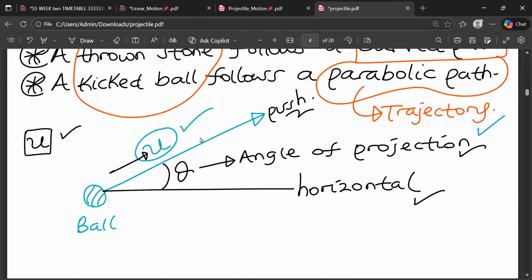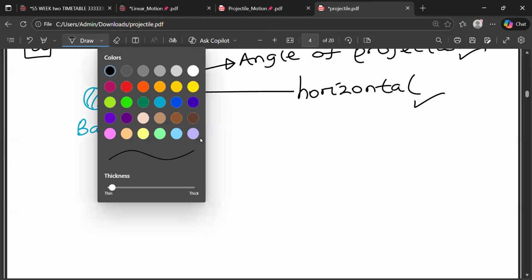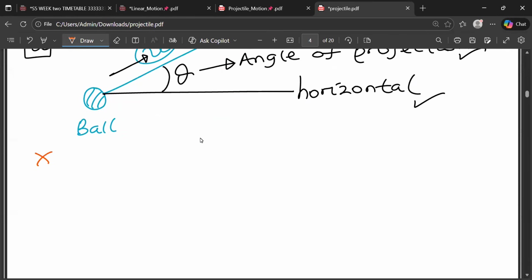The other terms we are going to look at tomorrow. One is H max, which you all know is the greatest or maximum height reached.